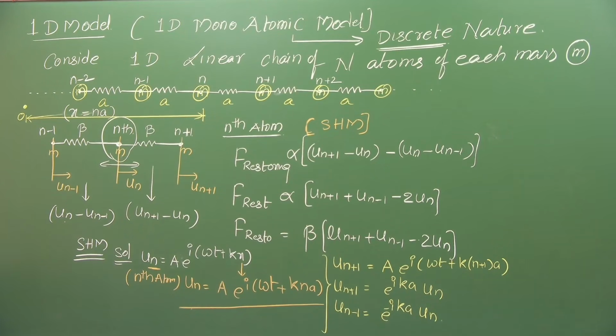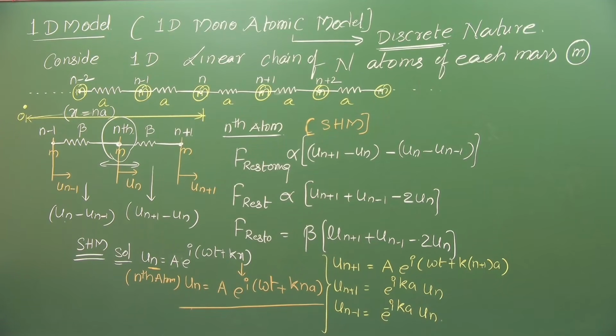Slowly, not at all difficult. Lattice parameter is a, that's why the nth atom's distance from the origin is Na, and out of that chain we have taken the nth atom for the SHM, and we represented the displacements. After that we have written Hooke's law.